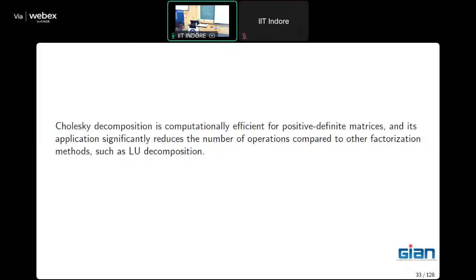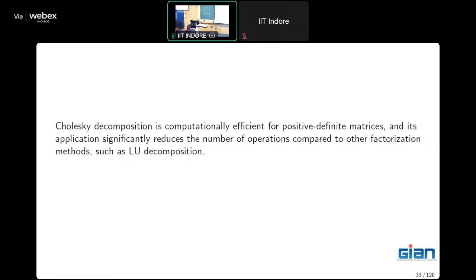Cholesky decomposition is computationally efficient for positive definite matrices. A positive definite matrix is a very good matrix: it is symmetric and its quadratic form is strictly greater than 0. Then you can apply this, and it significantly reduces the number of operations compared to other factorization methods such as LU.